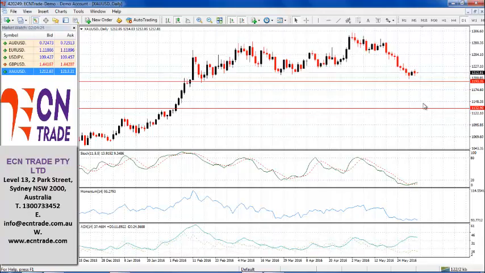With an intraday range now holding at 1206 to 1216. As I say, if we don't get a move to the upside in the next 24 hours and get above 1224, then I believe that we will see this challenge towards this 1190 target.